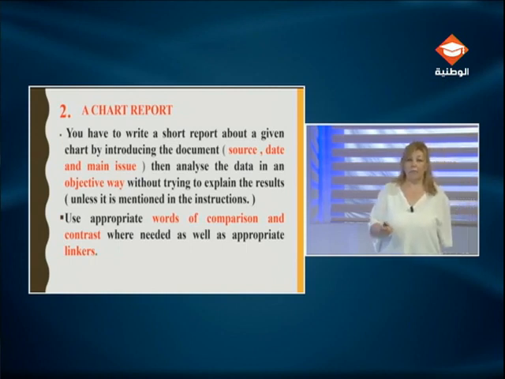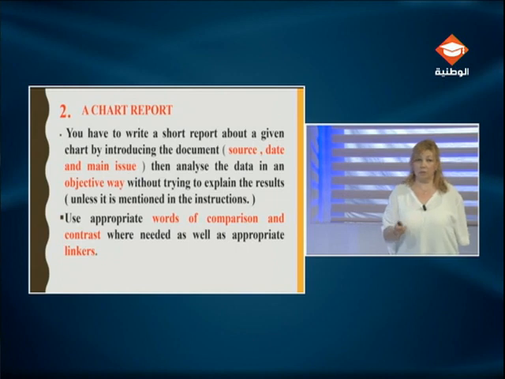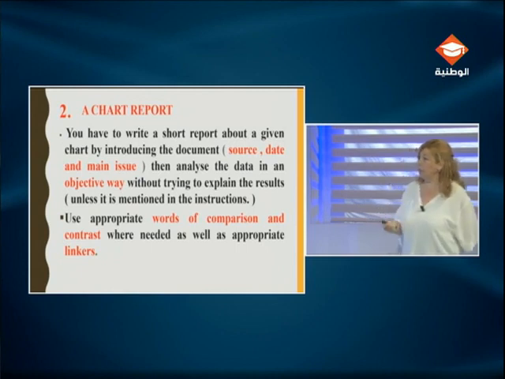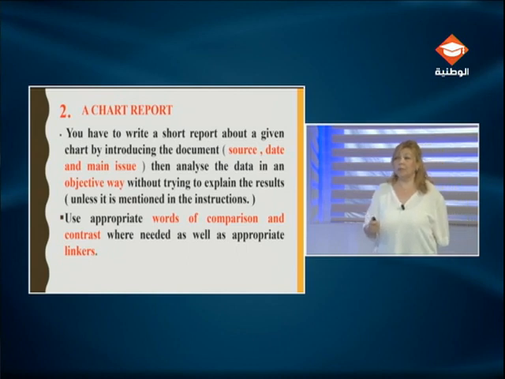First, you have to introduce your document. What do you mean by introduce the document? You have to mention the source, meaning where it is taken from, who issued it, the date, when it was published, when it was made public, when it was released, and finally, the main issue, meaning what it is about.